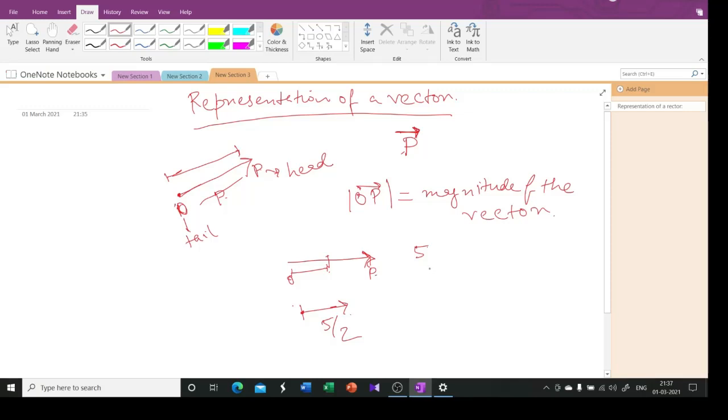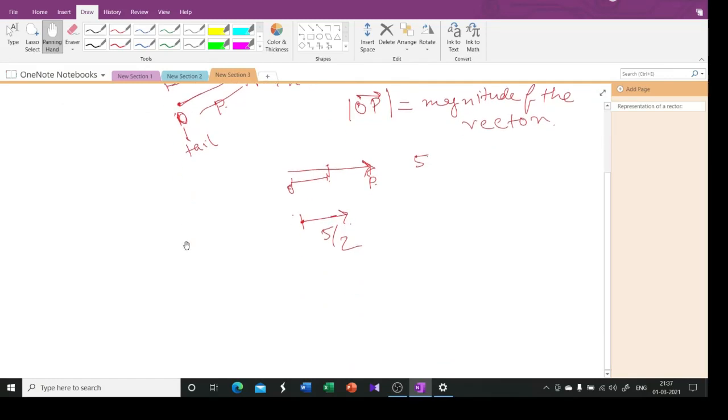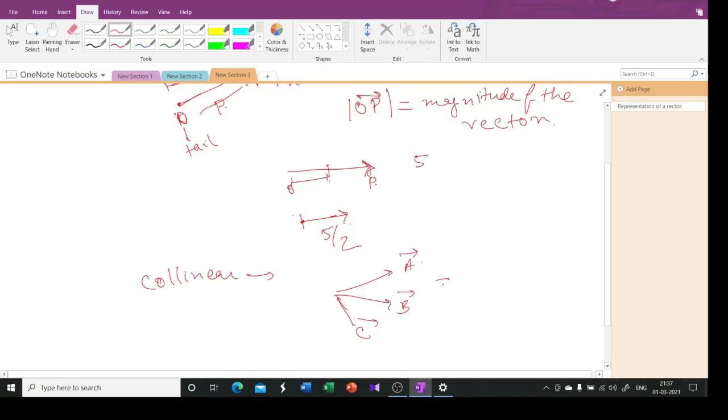Now there are many names given to vectors, like coplanar vectors. Some are collinear. The collinear vectors all start from the same point. Suppose we have three vectors A, B, C. If they have the same starting point, they are known as collinear vectors.